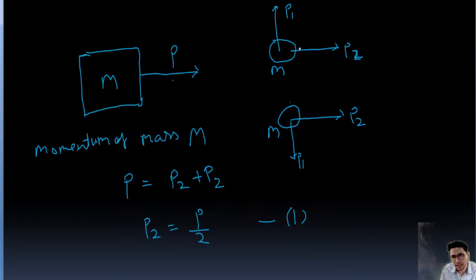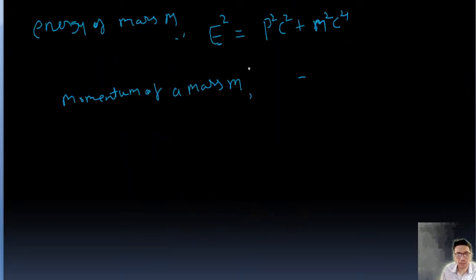One is along the z direction, one is perpendicular to the z direction: P1 and P2. So we have to get the resultant momentum. These are in perpendicular directions, so by the formula the momentum of mass m, which we denote by P1, is going to be root of P1 square plus P2 square.